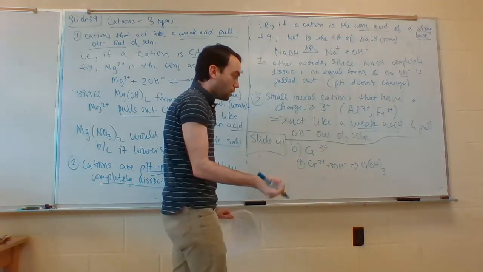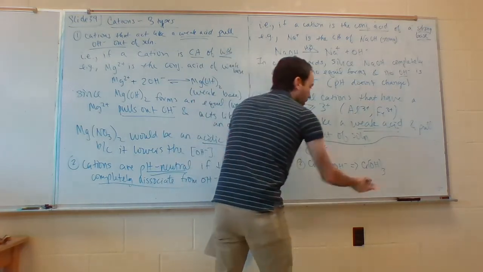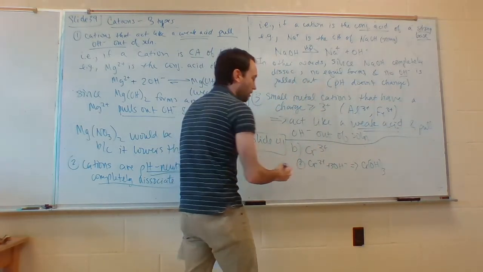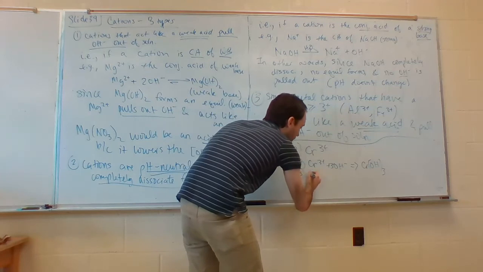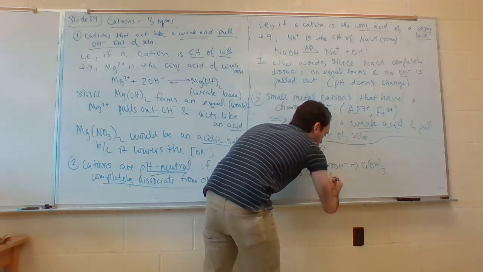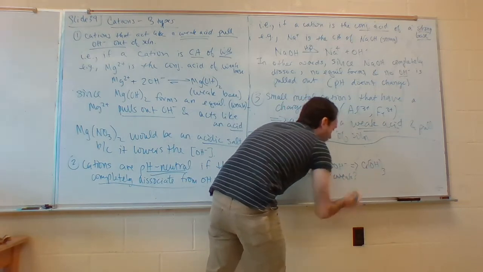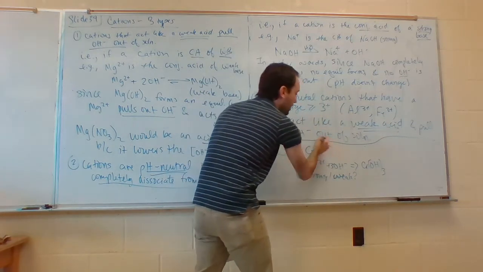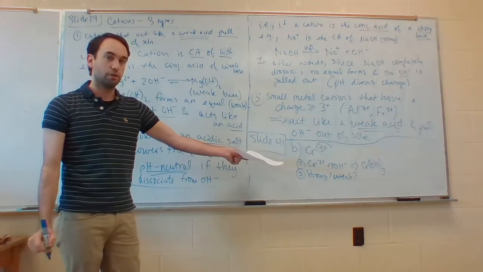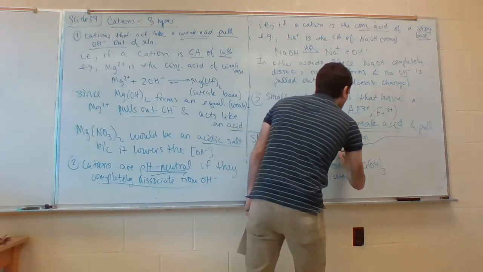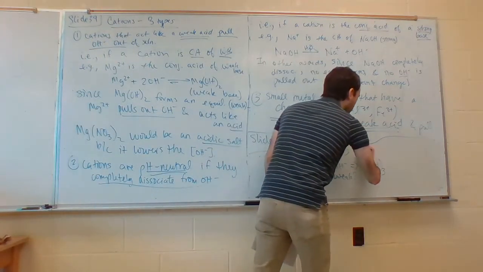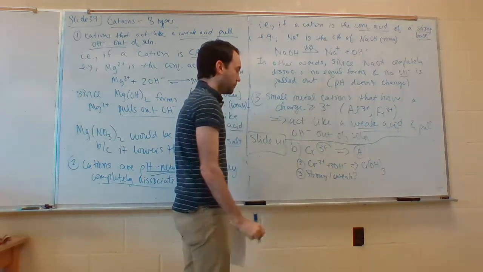All right, well, we could ask ourselves step 3, which is strong or weak, right? We can ask ourselves that question, but we also can see right away that it has a 3+ charge. Okay, so since it has a 3+ charge, we know that it is going to be acidic.